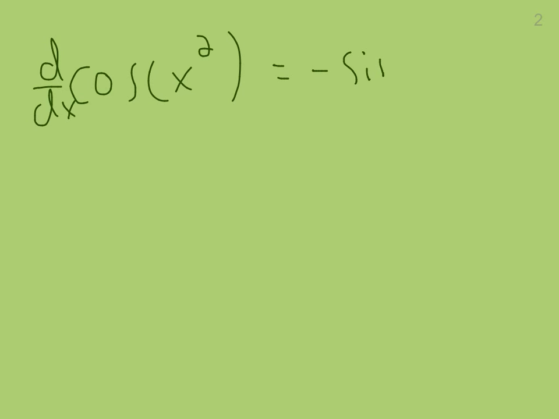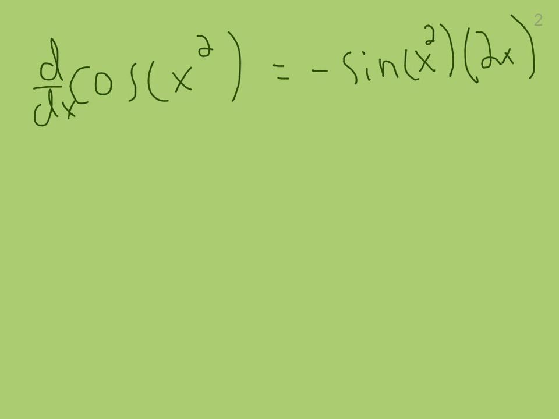And that's where you work your way inside and outside, because there's multiple functions together. So, once again, with cosine of x squared, I'll just show what the derivative is, and then I'll explain why. The derivative of cosine of x squared is equal to negative sine of x squared times 2x.